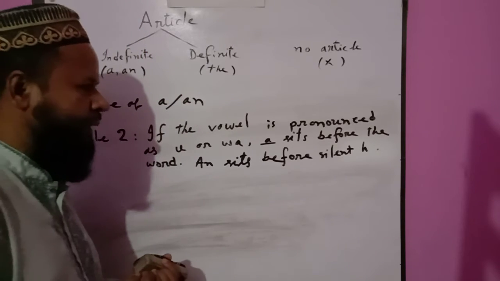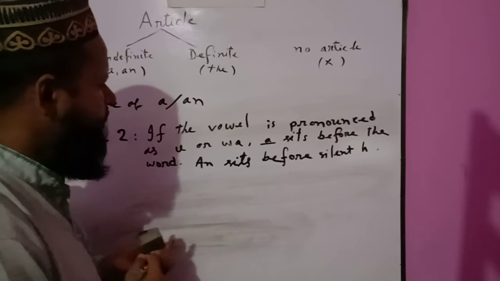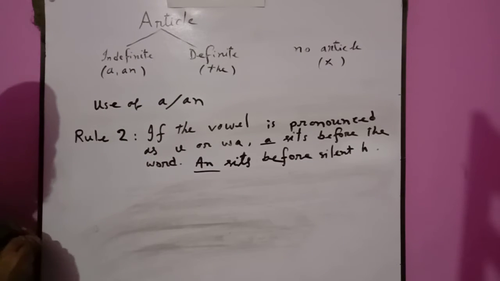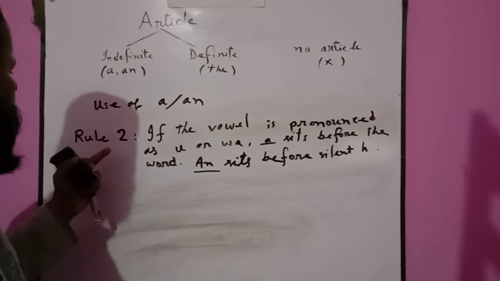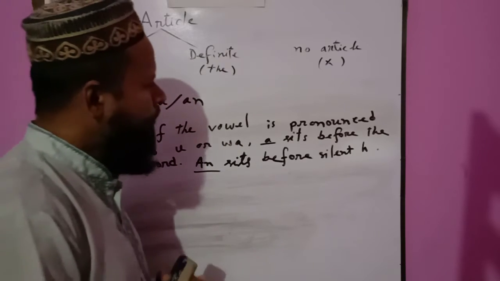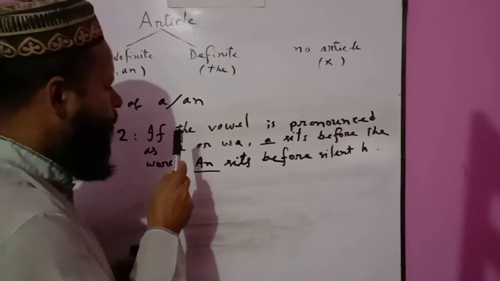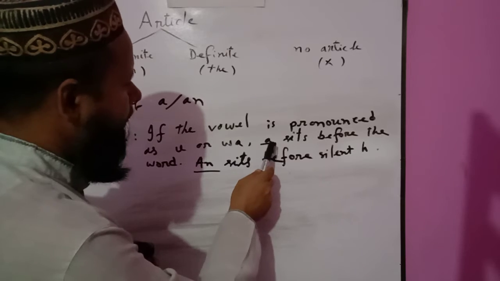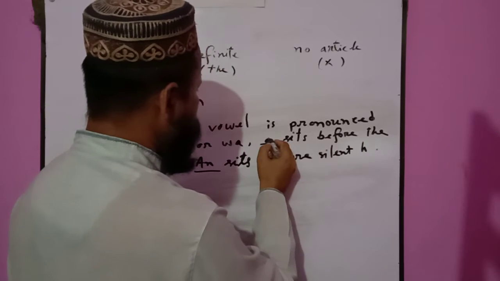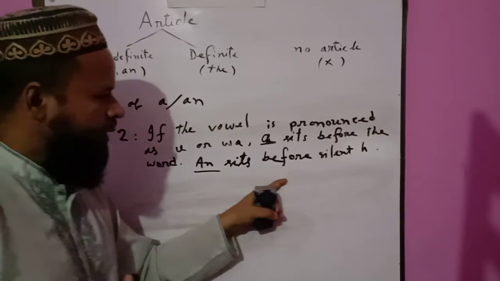The word beginning with H, but H is not pronounced, so an is used before silent H. Look at rule 2 again. If the vowel is pronounced as long sound of U or wa, then a sits before the word. On the other hand, an sits before silent H.